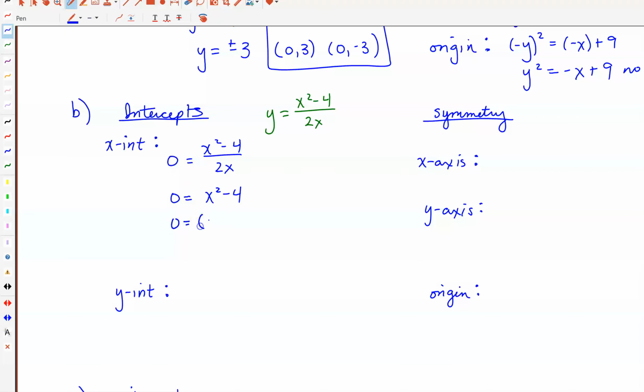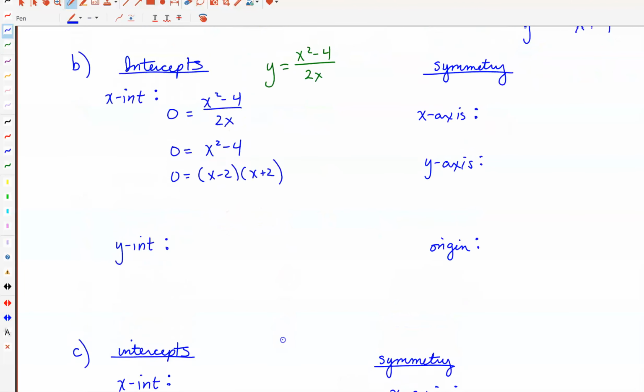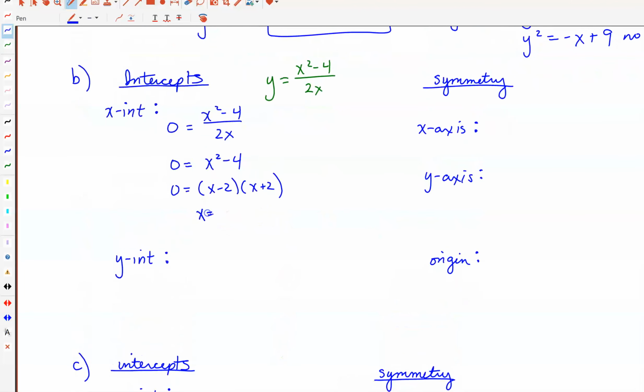Now there's a couple different ways that you could solve this. I see that I can factor this into the difference of squares, so I'm going to go ahead and do that. And that's going to give me x is equal to 2 or x is equal to negative 2. So writing those as ordered pairs, I get 2, 0 or negative 2, 0. Alright, so let's go ahead and find the y-intercept.